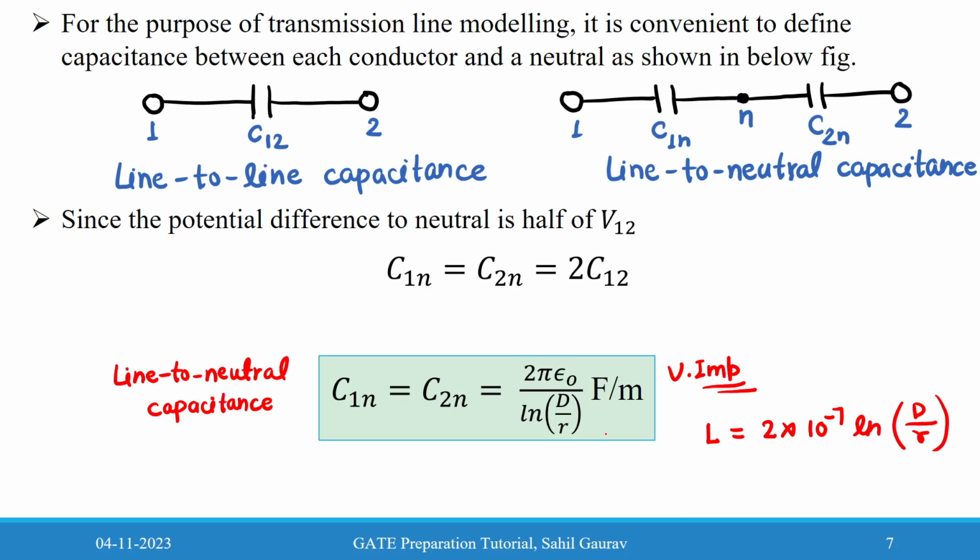So keep it in your notes that in inductance calculation we use R dash, while in capacitance calculation we simply take the radius of the conductor, not the GMR or self GMD of the conductor. Does anyone know the reason behind this?